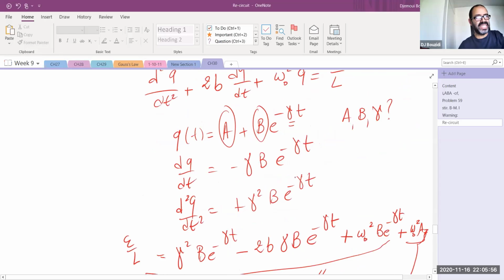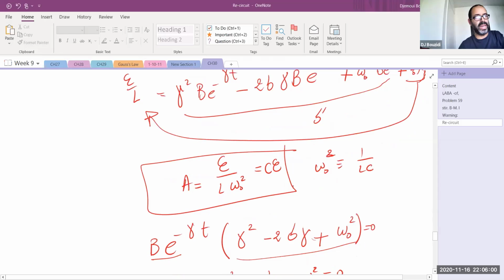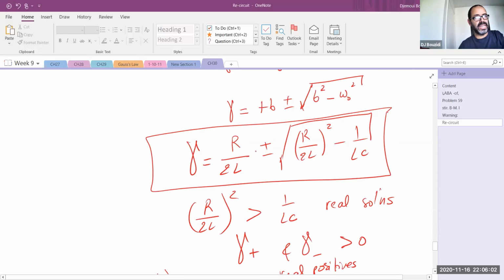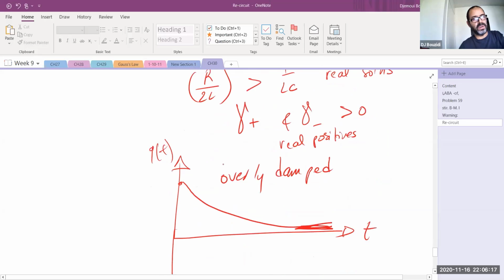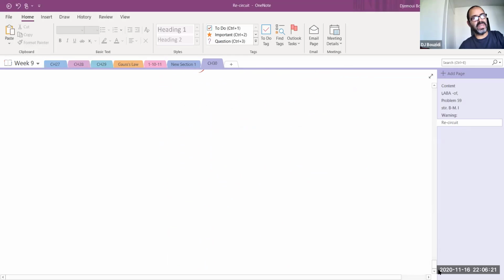So in this case, it's going to have a real part, which is the exponential of minus R over 2L, but then I have in here an imaginary number. The imaginary number becomes an oscillatory behavior. In this situation, it's still going to die, because the real part has this exponential of minus gamma term in it, but not as fast as the previous ones.